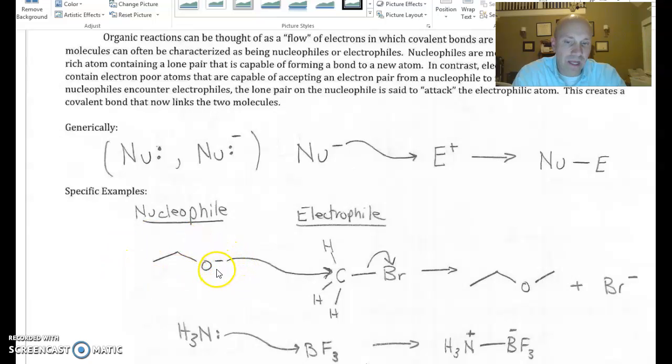An alkoxide is an alcohol that's had an H plus removed. If you think about an alcohol that would have a single bond to a hydrogen, and you plucked off that H plus and put the electrons back on the oxygen, you'd now have 3 lone pairs on that oxygen, and that gives it a negative charge.